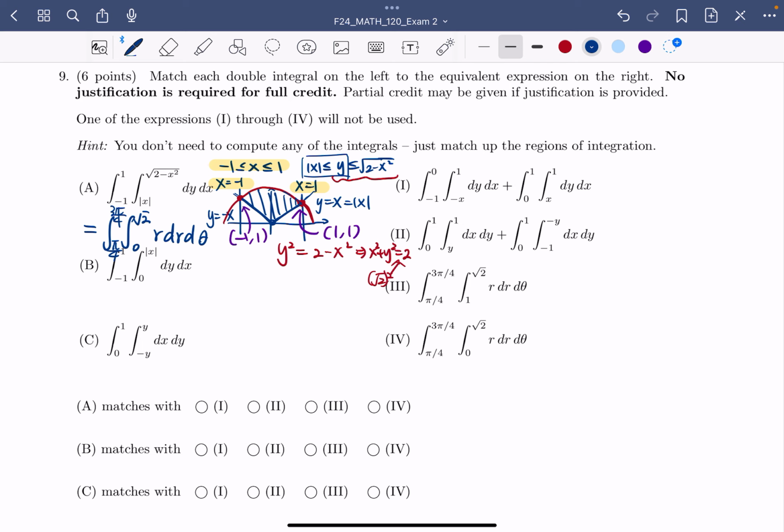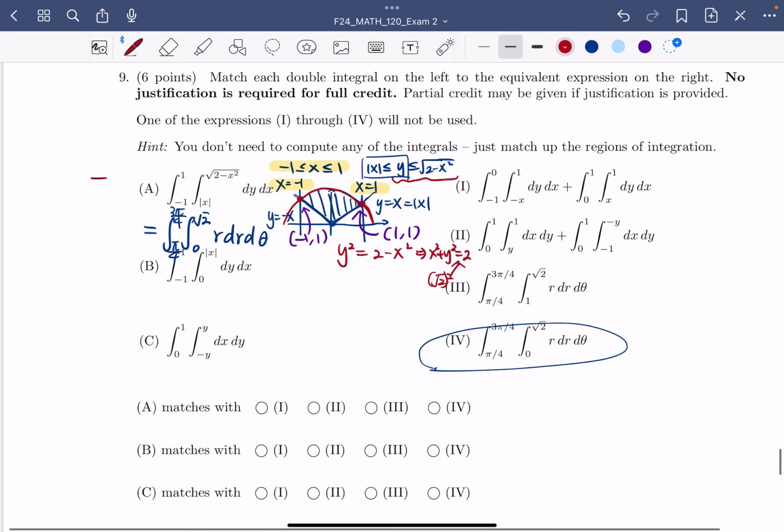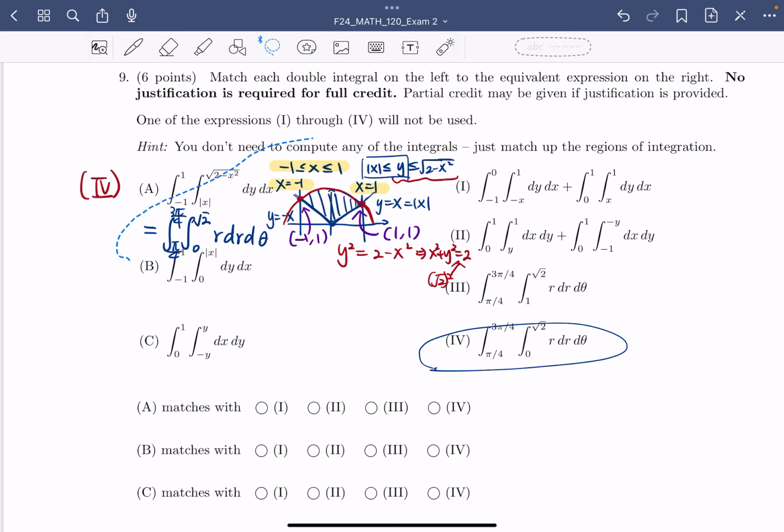And the answer should be number 4. So this is the answer. Okay, so this is for part A, capital A.